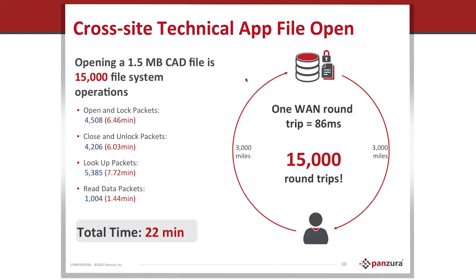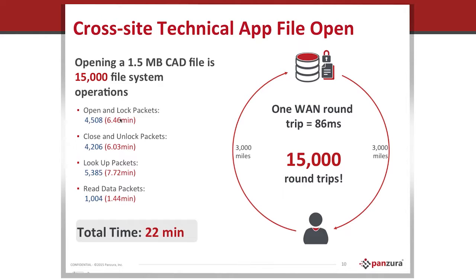We categorized the operations into open and lock packets, close and unlock packets, and look up packets. You can see there are thousands of operations of each of these just to open the file. What's really key here, if you read this bottom line, is that reading the data packets is 1,004 operations, and that took 1.44 minutes.